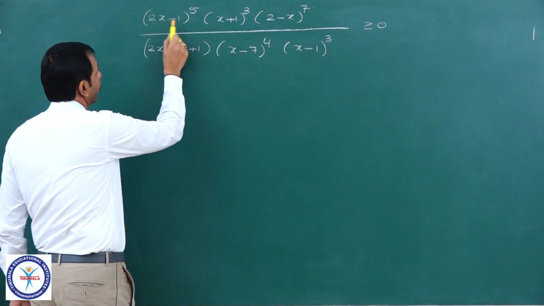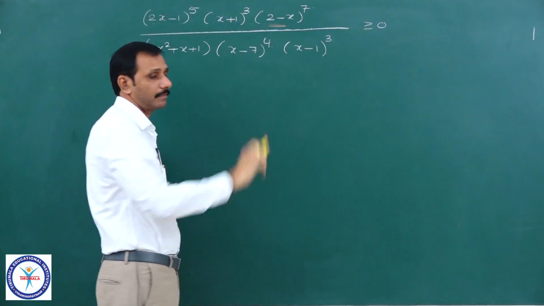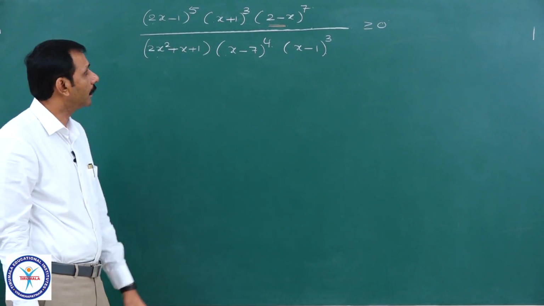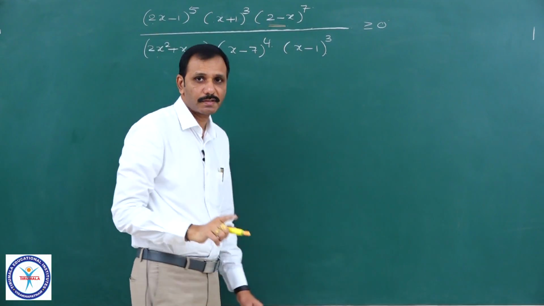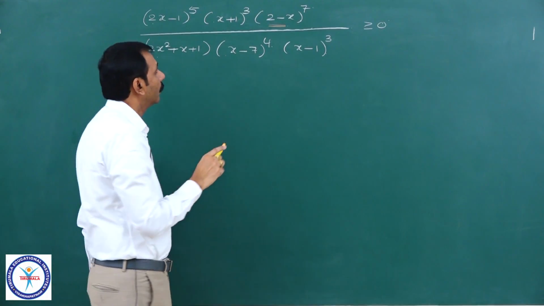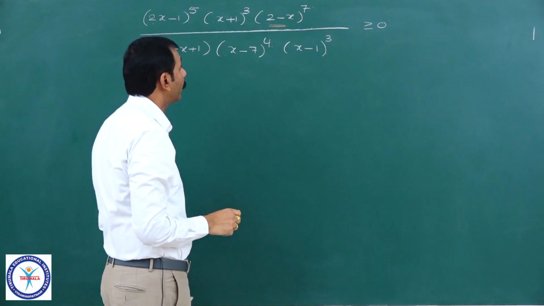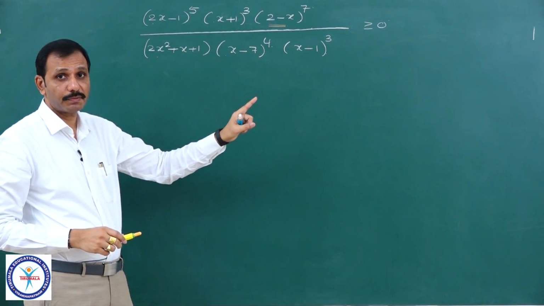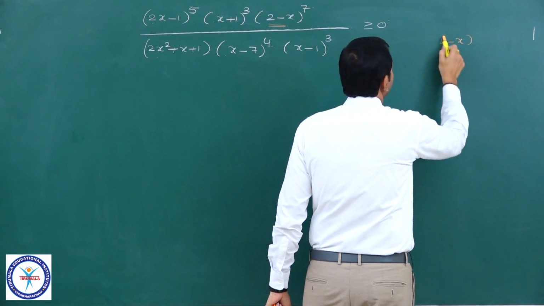Here it is of the form x minus alpha, x minus beta, here 2 minus x is there. So, what I will do here, and this is x square only, here also x, here it is x. First, what I am going to do here, because 2 minus x whole power 7 is there, I will first make it as x minus 2. Here you see 2 minus x whole power 7.